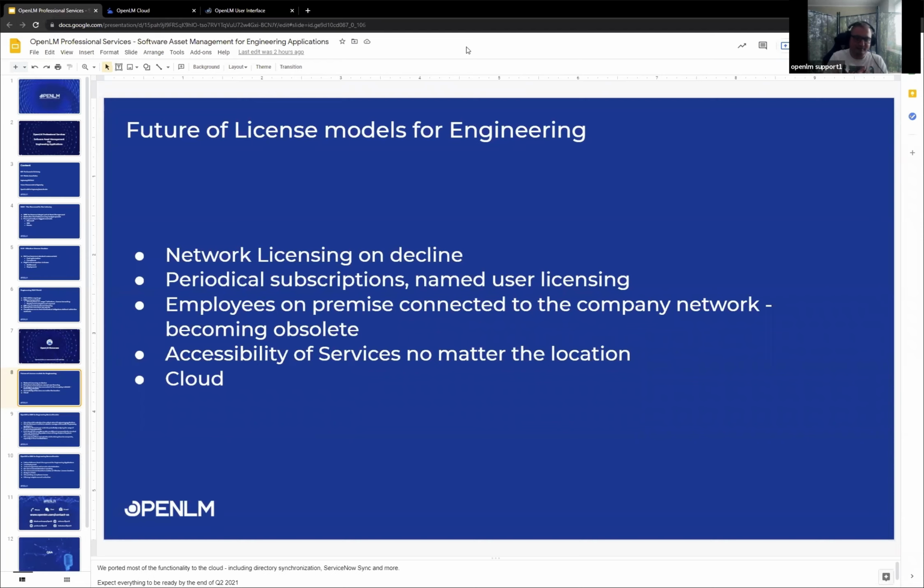This is by no means me saying that it's not going to be valid tomorrow or next month or even next year. But overall, in the scope of 5 to 10 years, network licensing will probably disappear. And we can already see some of the key engineering vendors trying to push customers away from the network licensing model.